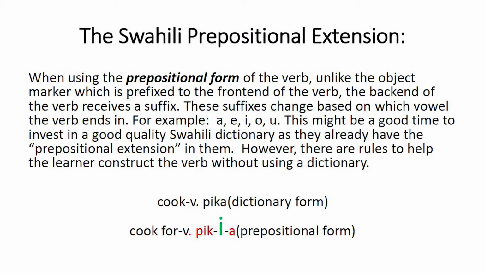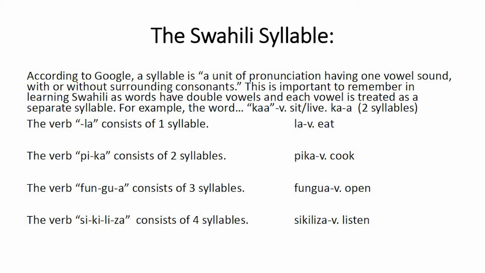So what is cook, pika, becomes cook for, pikia. And now you have your prepositional form. So before we can even consider understanding prepositional forms, we have to do a little bit more practice in syllables.